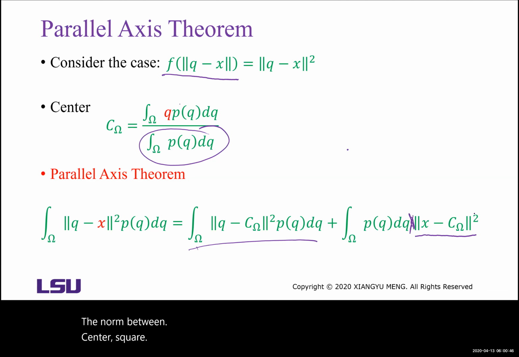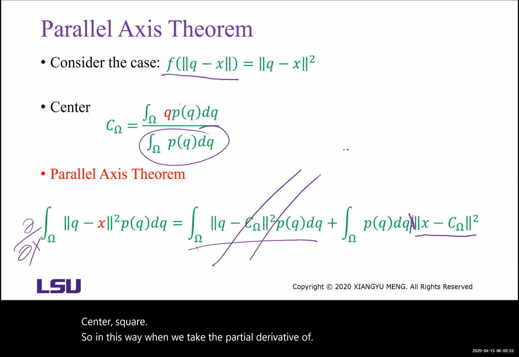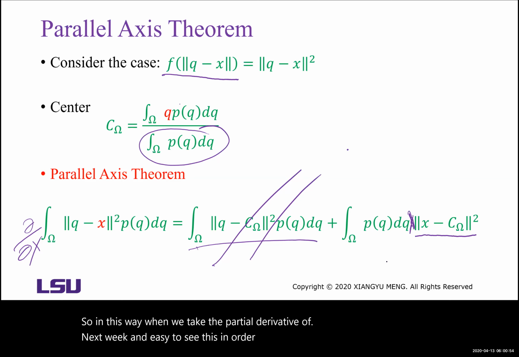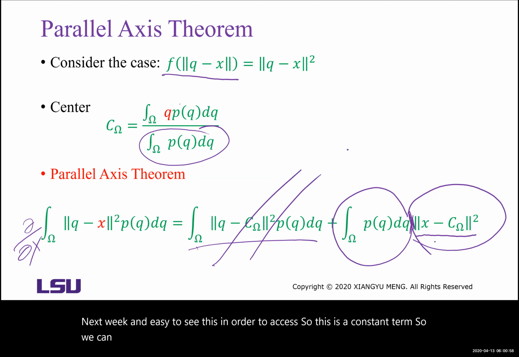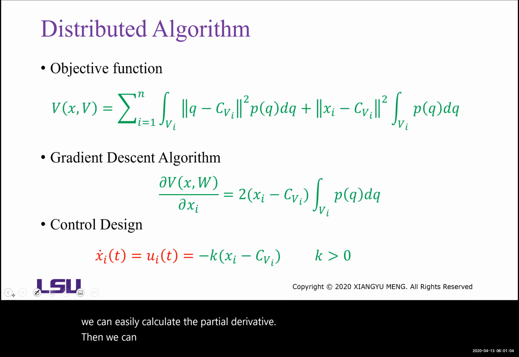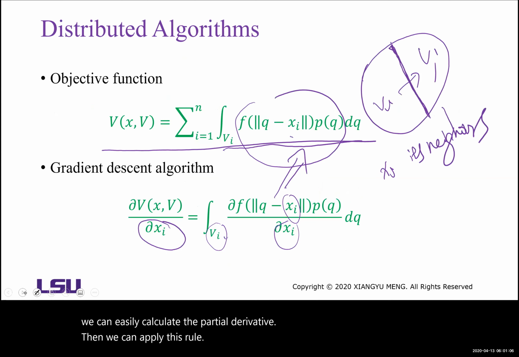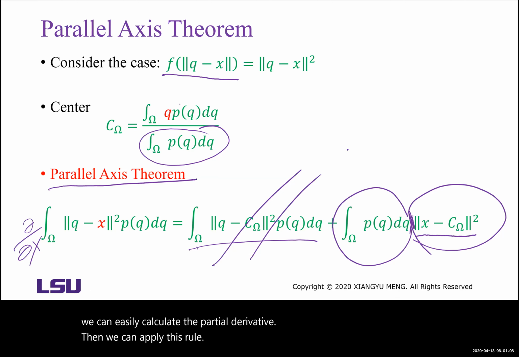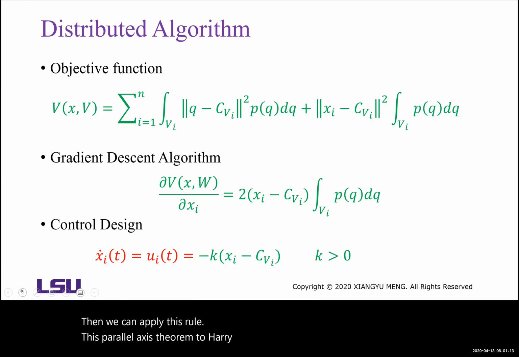So in this way, when we take the partial derivative with respect to X, we can easily see this is not related to X. So this is a constant term. So we can easily calculate the partial derivative. Then we can apply this rule, this parallel axis theorem, to every agent, with i from 1 to n.